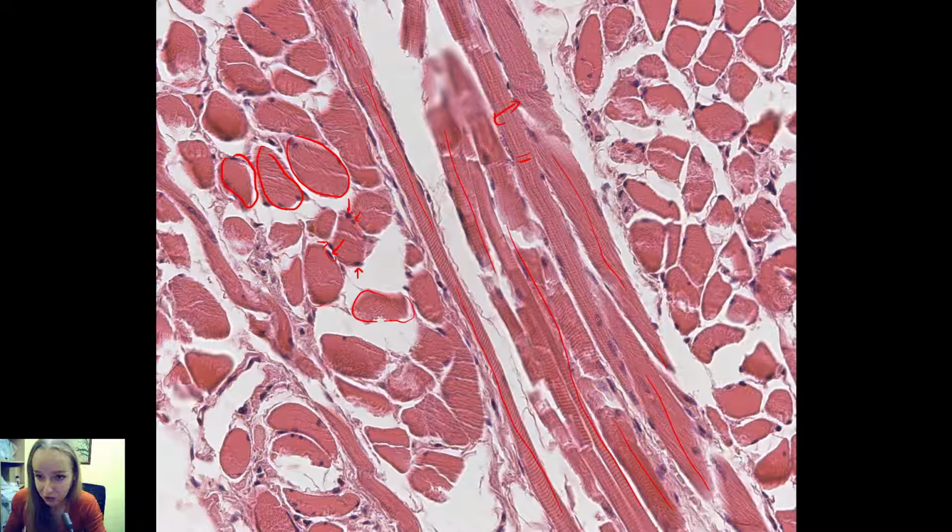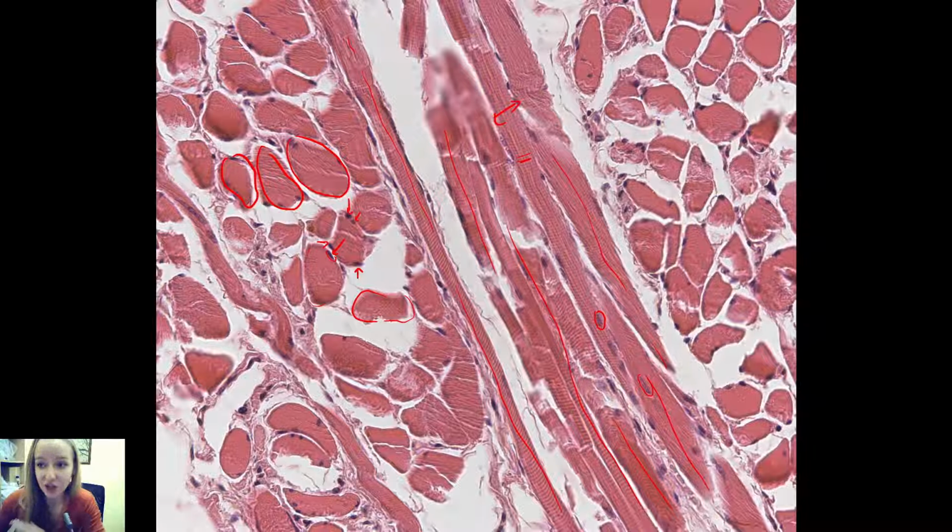Sometimes it looks like the nuclei are in the middle in longitudinal sections like these, and you wonder why that is, whether we are in some other muscle tissue. It's really just because of the section. The plane of the section was on the periphery, so it just looks like the nucleus is in the middle, but it's not.